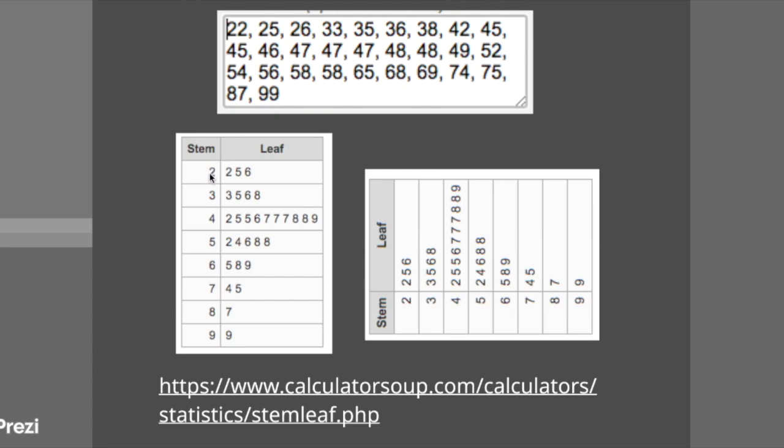You can see that the stem is listed here in this first column, showing the 20s all the way to the 90s. And the leaves, the maple leaves, are just the ending of each of those numbers. So we've got the first one as being 22, then 25 is the next one, 26, and so on.